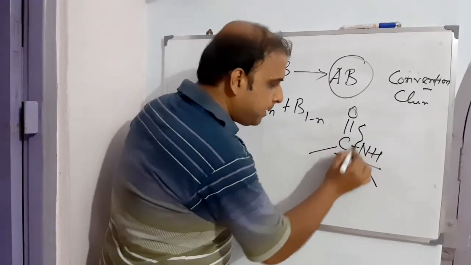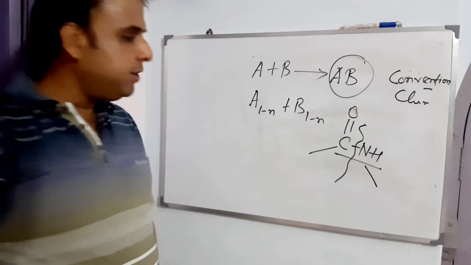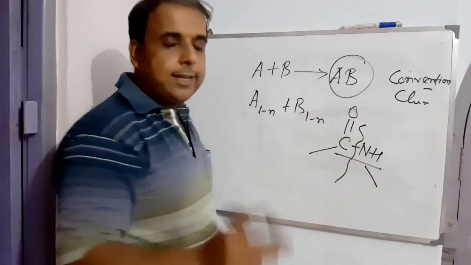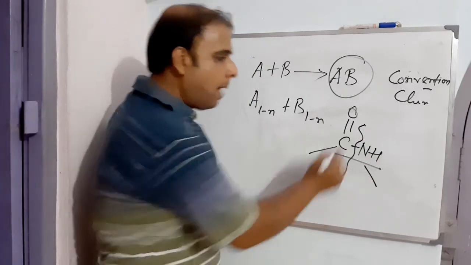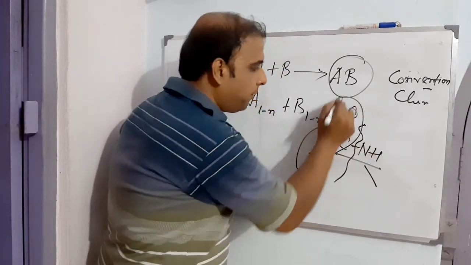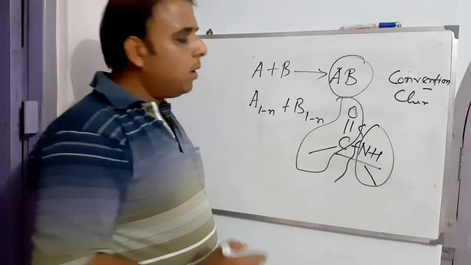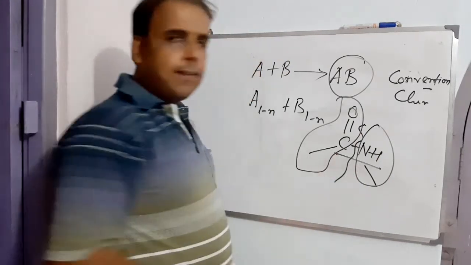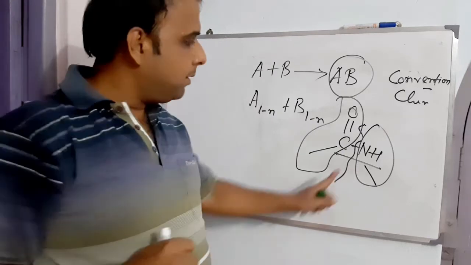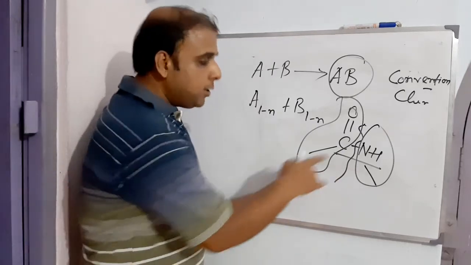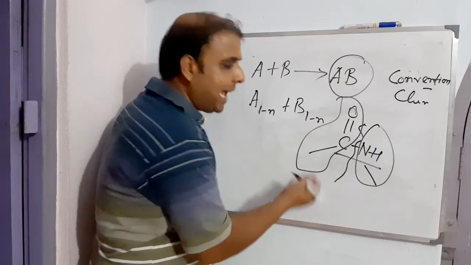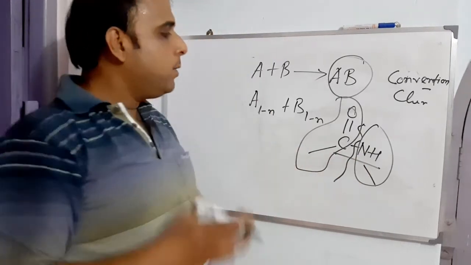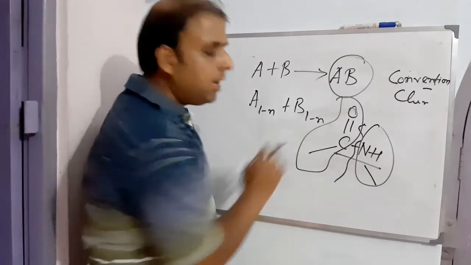If we split them from this area, we are going to get 2 different fragments. Upon completion of each fragment, we can get the idea about the starting materials involved in making the amide.